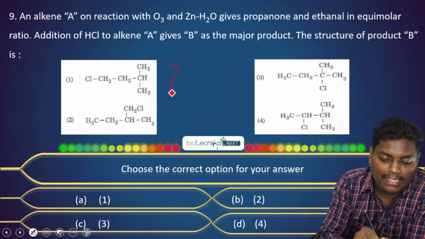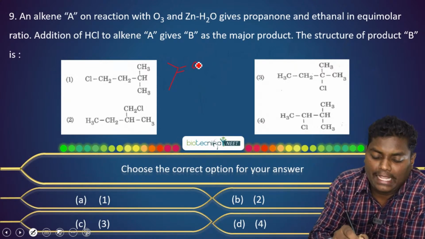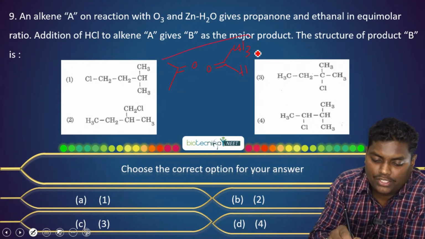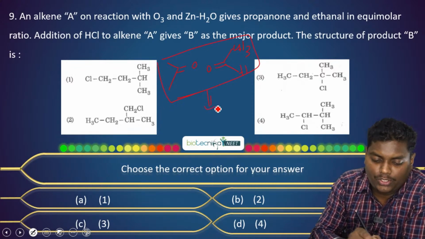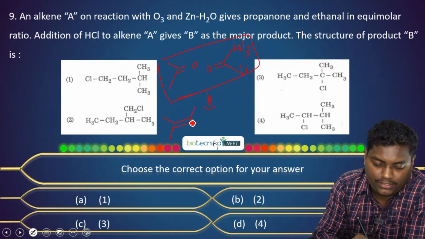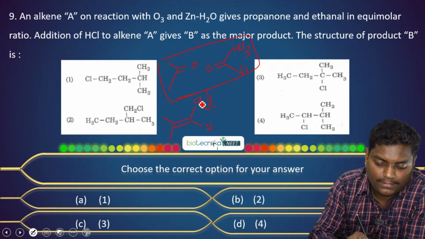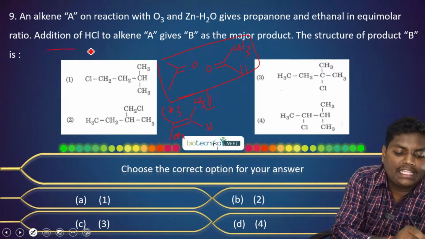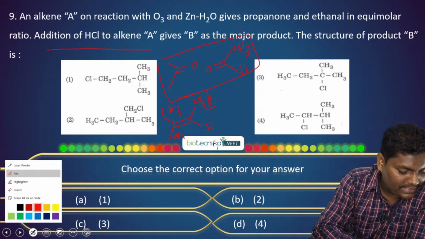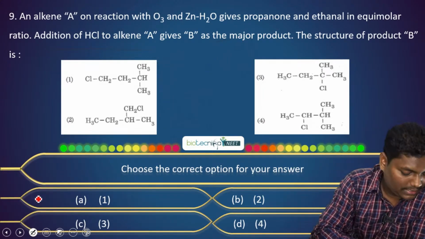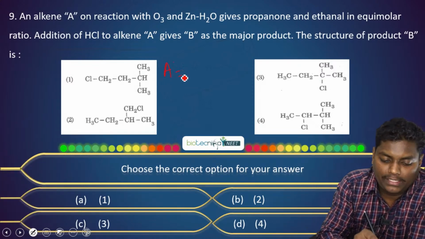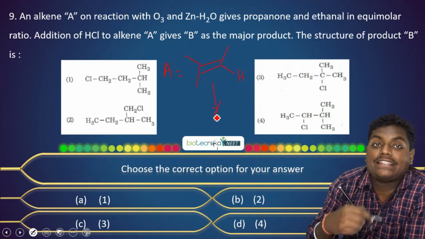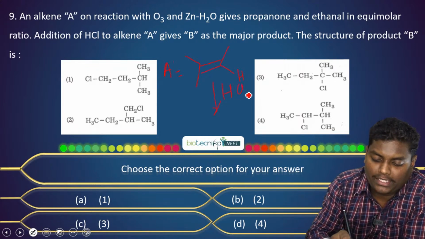So we have this propanone and we have ethanal, CH3 double bond O and H. Just join these two. So what do we have eventually? We have CH3, CH3 on one carbon and CH3, H on the other. Now what is the second statement it is giving? On addition of HCl to alkene A. So we have got our alkene A to be this. Now when we are doing HCl addition to it, Markovnikov rule will be followed.